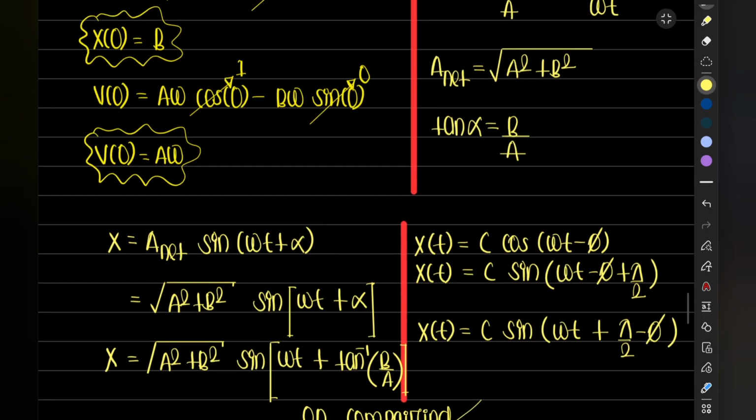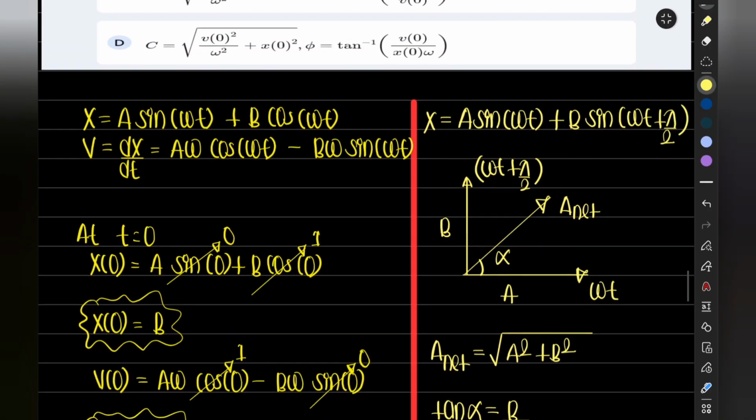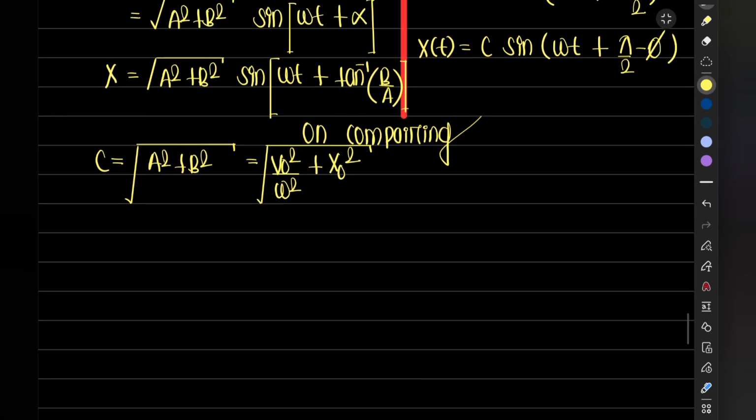But let me find one more thing, that is our phi which they are asking. So let's try to find the phi. So for finding the phi, what we will do? Again, we will compare. That is tan inverse b by a is equals to pi by 2 minus of phi.